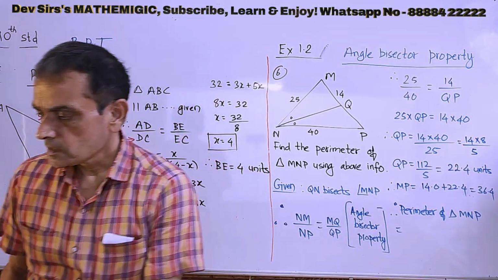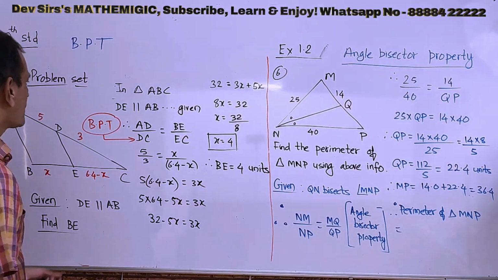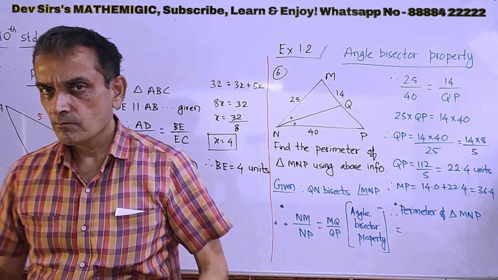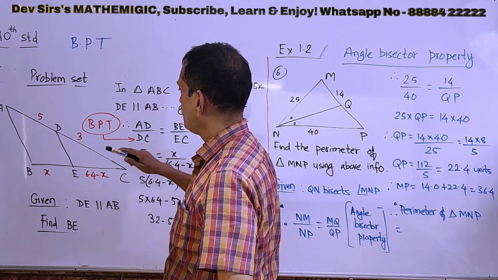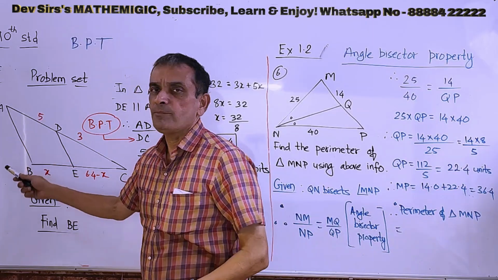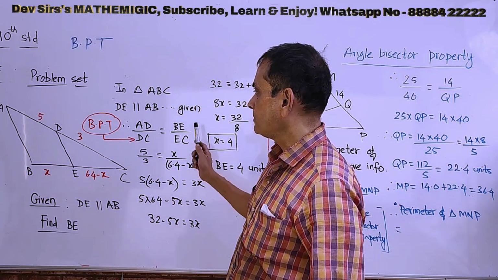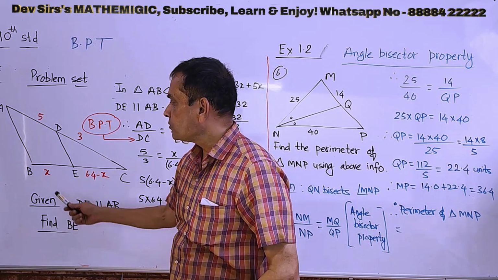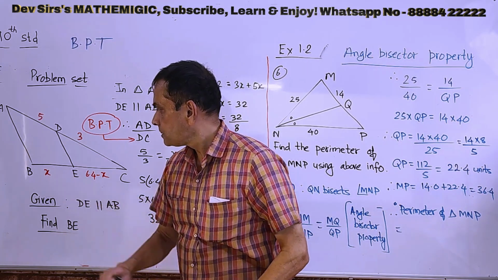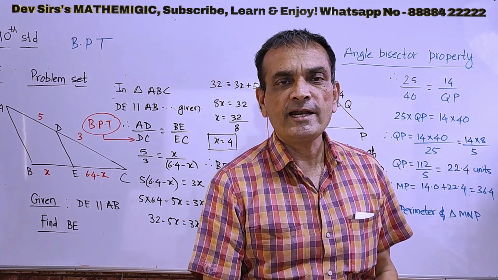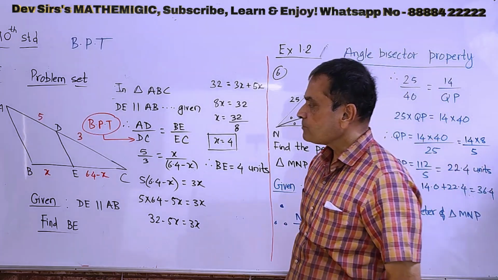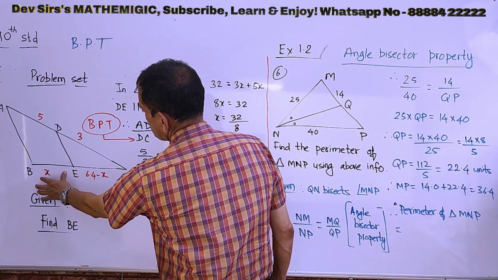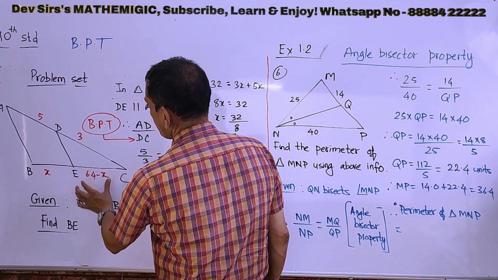Okay, in triangle ABC, DE parallel to AB is given. Find BE. In the diagram it is given that BE is x, and this is 6.4 minus x.